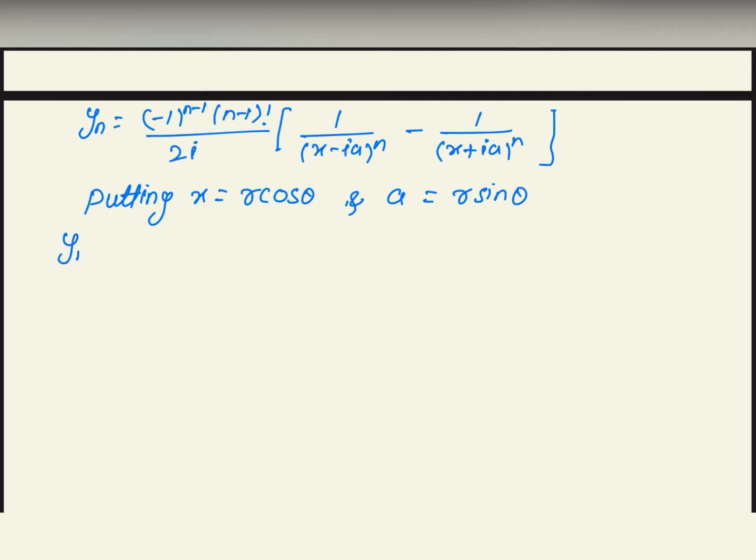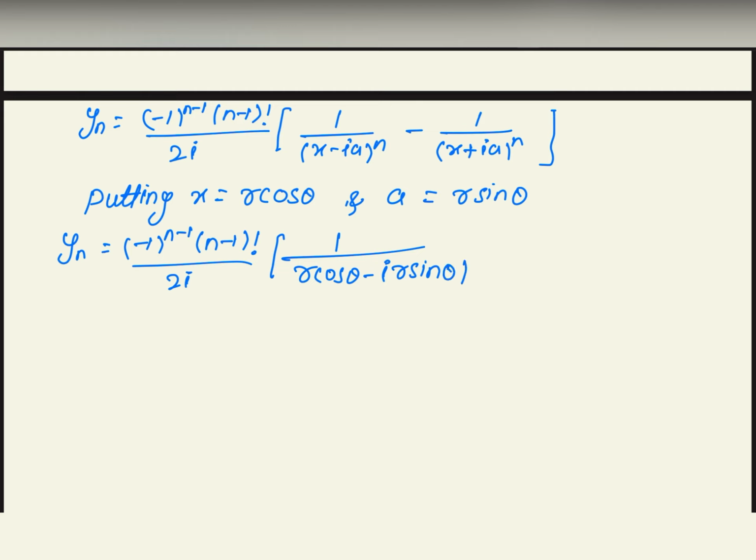So yn is equal to minus 1 to the power n minus 1 factorial divided by 2i, 1 by r cos theta minus i r sin theta to the power n minus 1 by r cos theta plus i r sin theta to the power n.